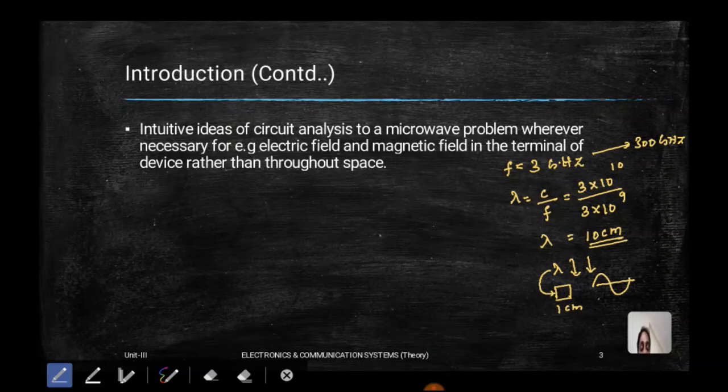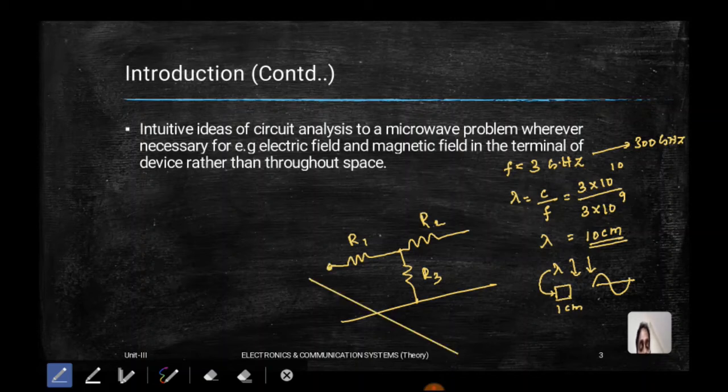If we take circuit theory, for example, if there are two resistors R1 and R2 connected together, and another resistor connected in parallel, this is a T network. If I want to use circuit theory, I should know exactly what the voltage is here. Let us take V1. Both are in parallel, so let us take this as V2 and this as V3.